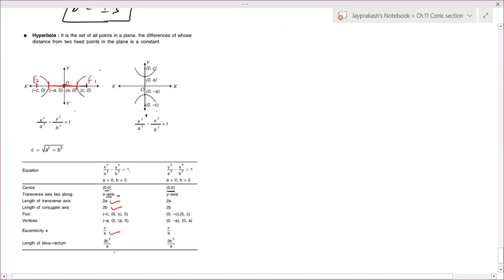Then the length of latus rectum is 2b square upon a.